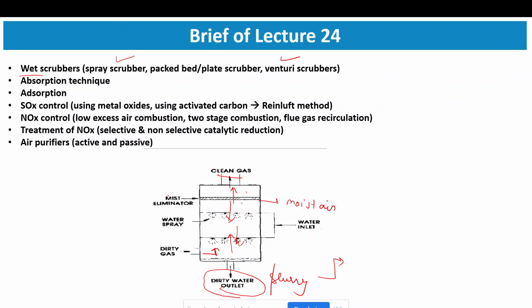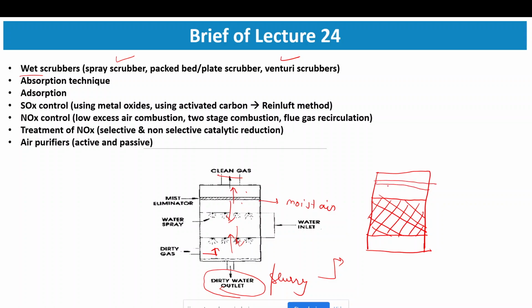Next is the packed bed or plate type scrubber. In that case, if you want to simultaneously remove gas, then you can spray some solvent as well. But here in the packed bed, you have packing, so you are trying to increase the contact between air and the water that you are spraying. Again there will be a mist eliminator here also.